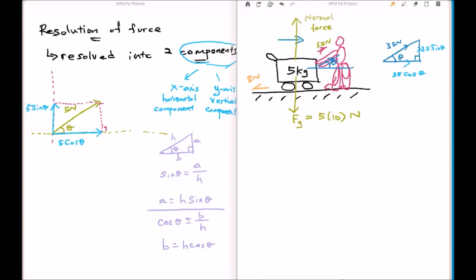The angle between the horizontal and the force of 35 Newton is 25 degrees. This is now 25 degrees. You are now asked, since there is friction, it's going to accelerate. What's the acceleration?